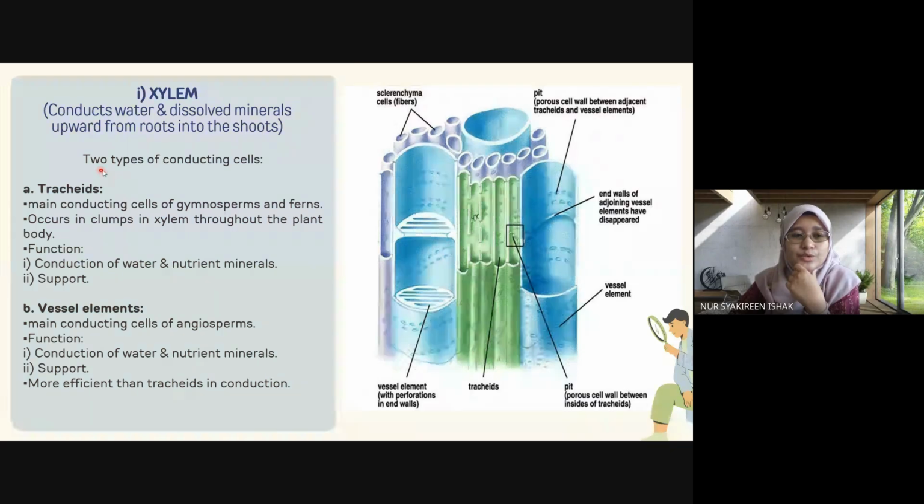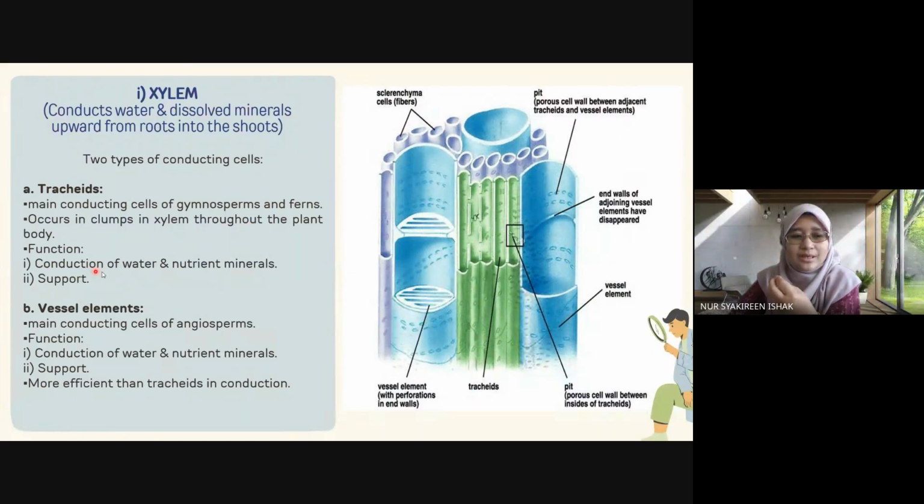There are two types of conducting cells. We have the tracheids. Where is the picture? Okay, tracheids are the main conducting cells of the gymnosperms and ferns. They occur in clumps in xylem throughout the plant body.